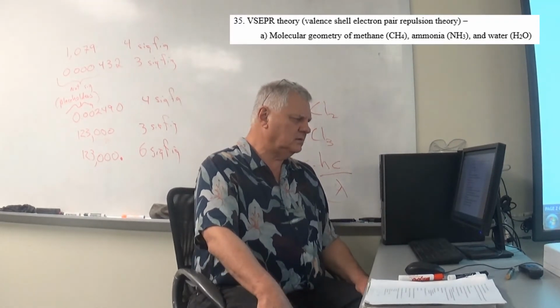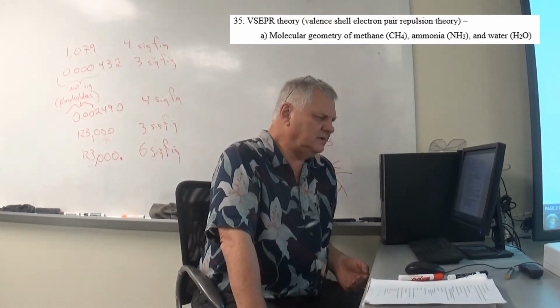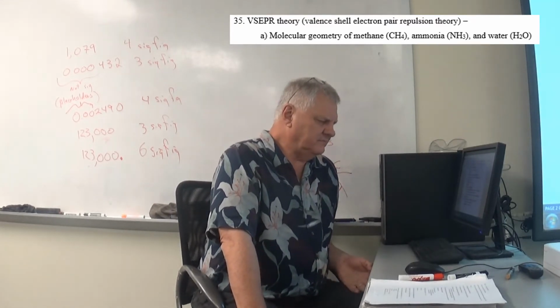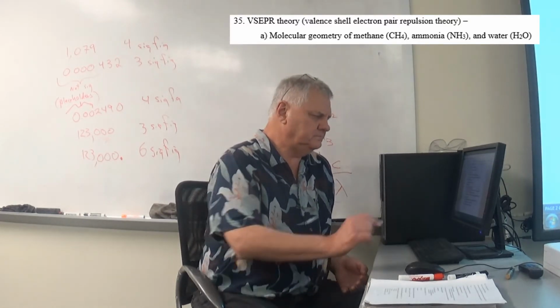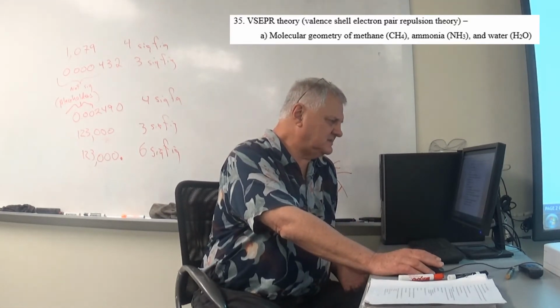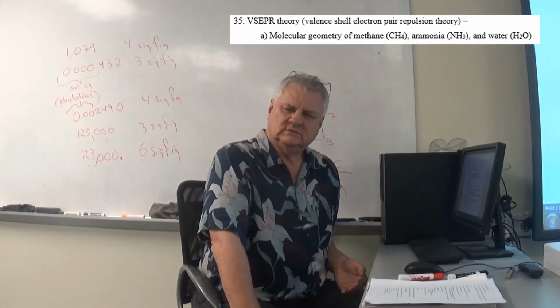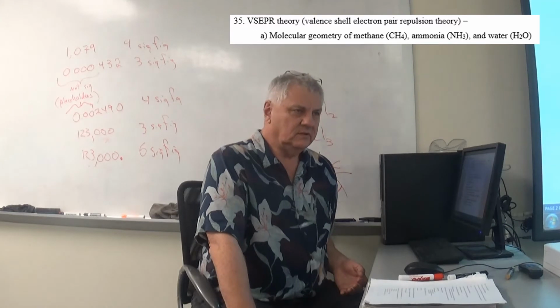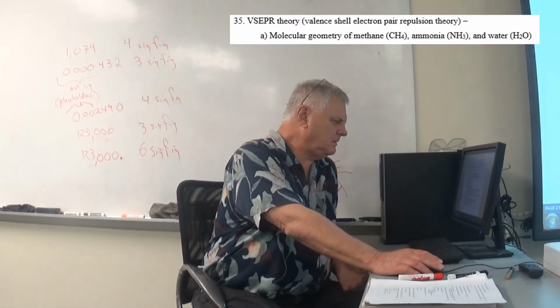As before, the only molecules you really need to be concerned with as involving molecular geometry using valence shell electron pair repulsion theory are methane, ammonia, and water. Obviously, this theory is used for thousands of molecules and ions. Those are only three you need to be comfortable with.